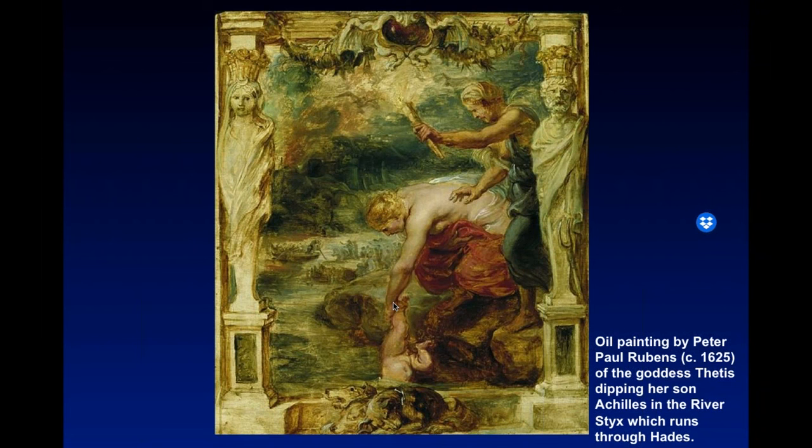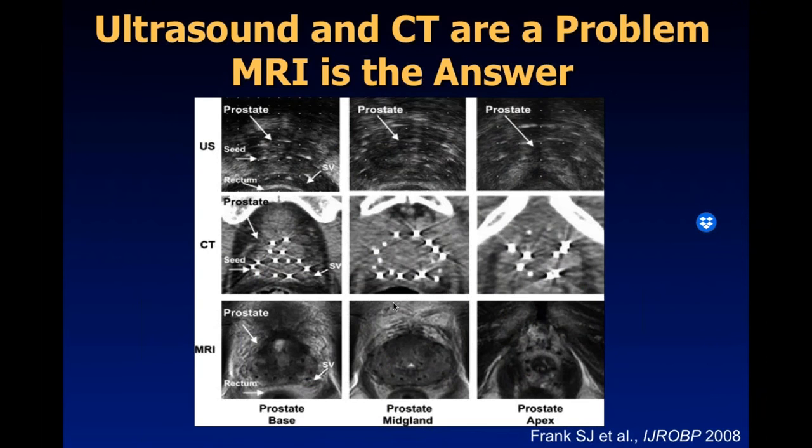and why, and what we have done to correct it. As you look here, this slide represents prostate imaging using ultrasound, CT, and MRI in post-implant assessment. The ultrasound in the upper left column is the base, the mid-gland is the next column, and then you can see the apex.